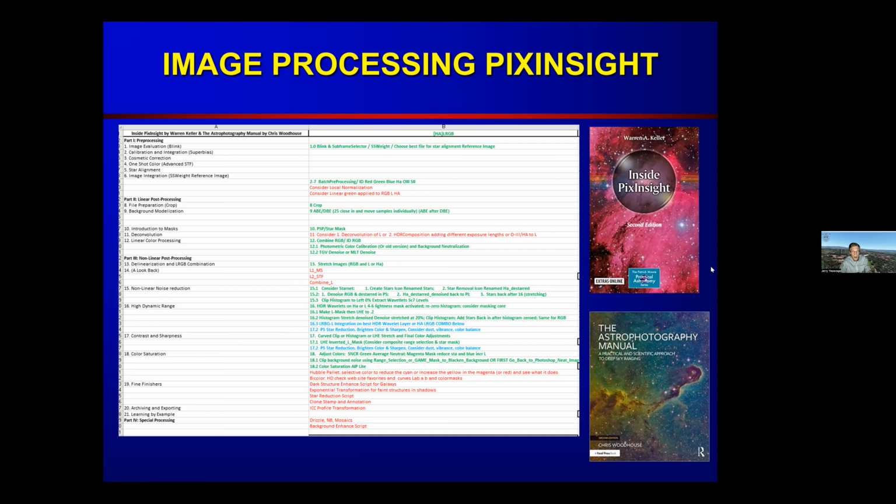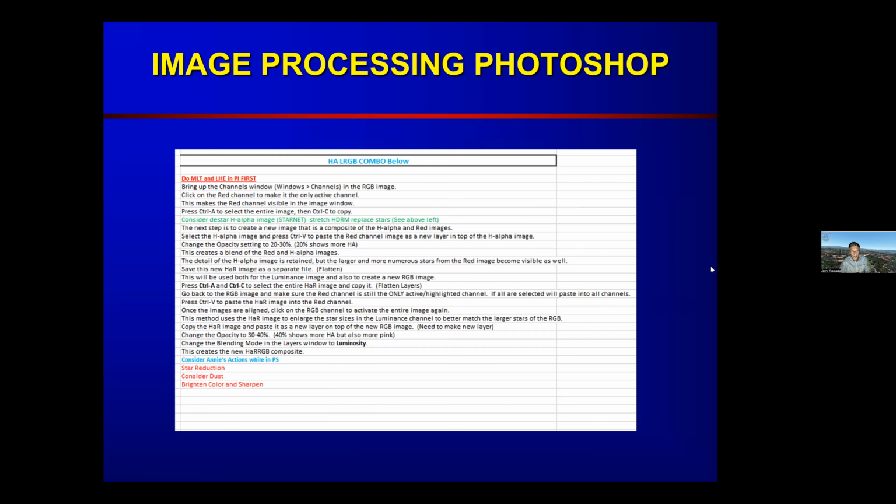I essentially had a flow diagram that followed the chapters of Keller's book, and then went through them and made sure that I did everything that he said was the right thing to do, and I got good images. And I did this for combining all these steps to combine hydrogen alpha and LRGB.